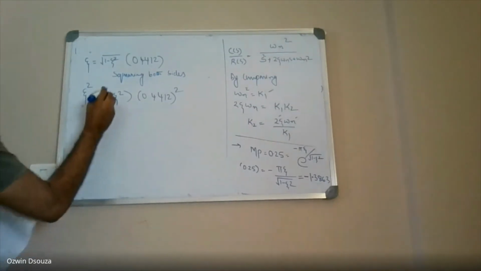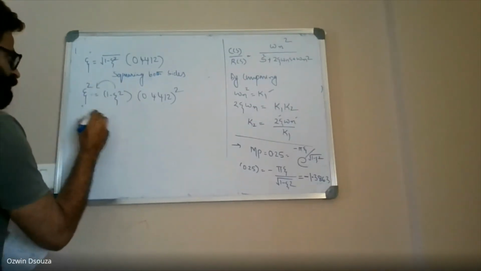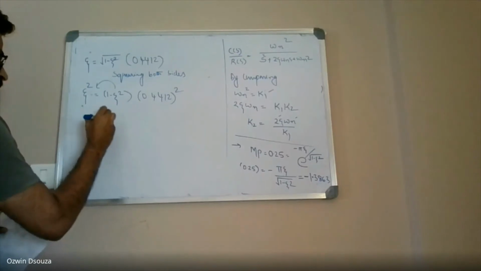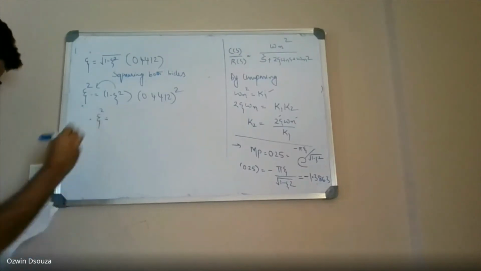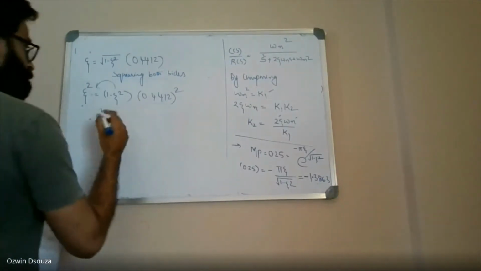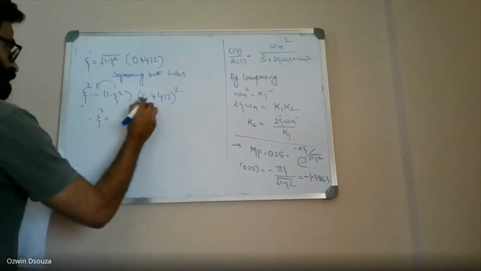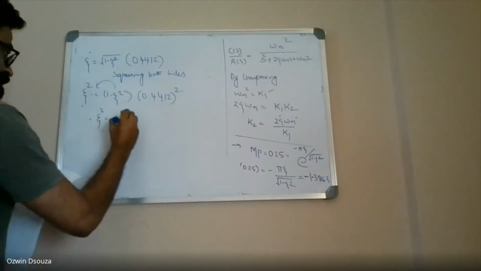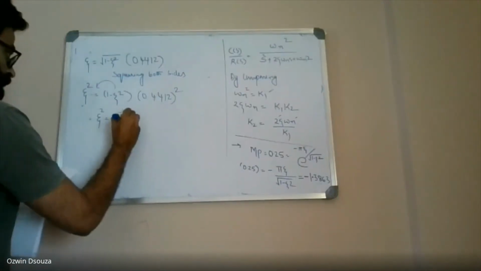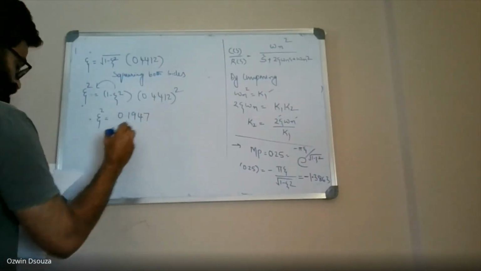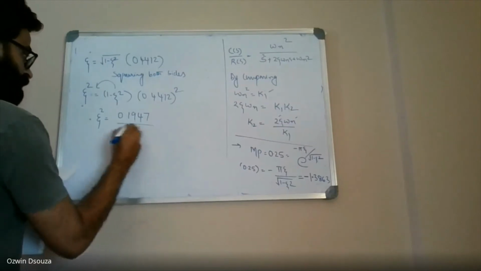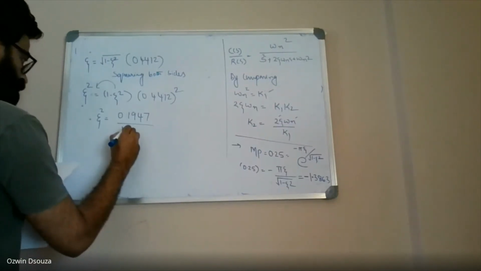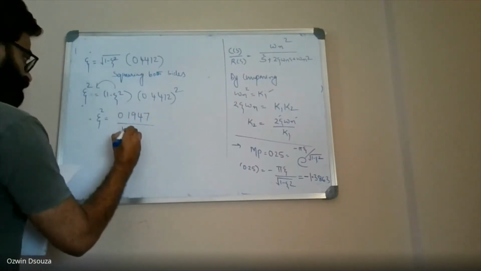When you take this side and solve, you basically get zeta square as 0.1947 divided by 1 plus 0.1947.